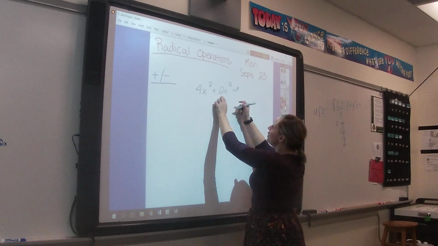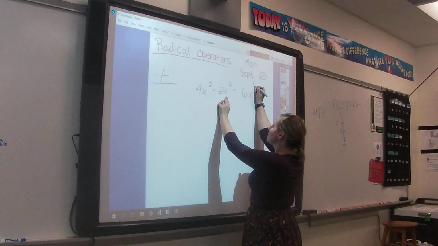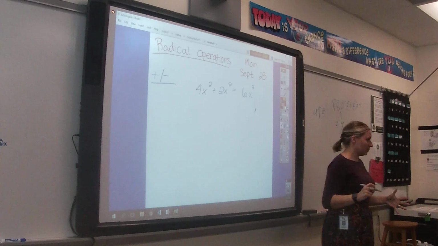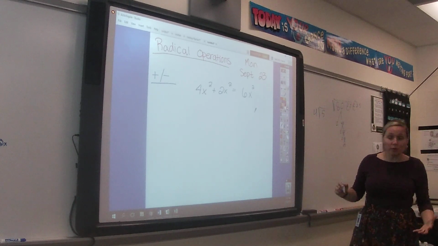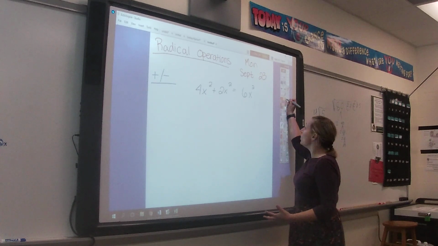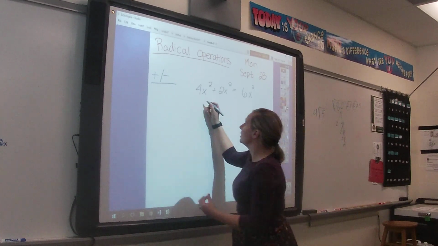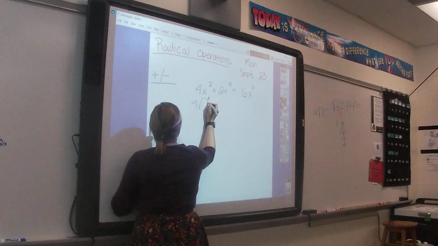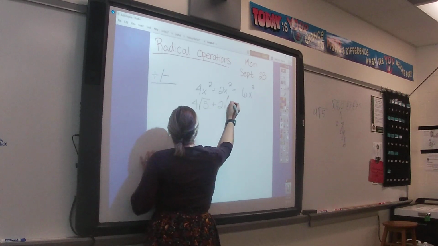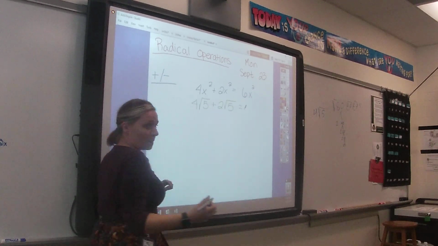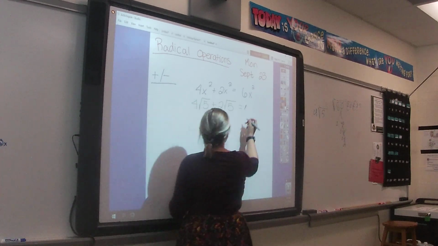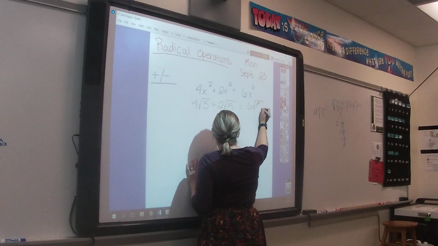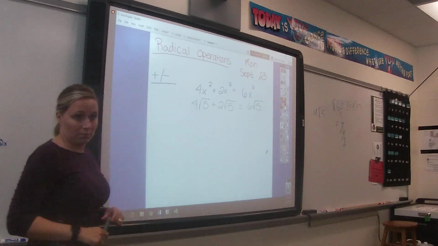So we added the 4 plus 2, which gave us a 6, and we kept the label the same. That exact same rule is true of square roots and radicals. So if I want to add something like 4 square root 5 plus 2 square root 5, I add the numbers in front. 4 plus 2 is 6, and my label stays the same.